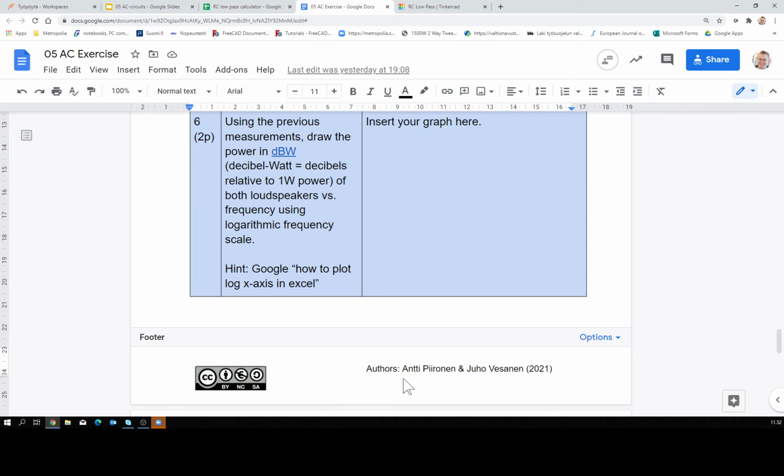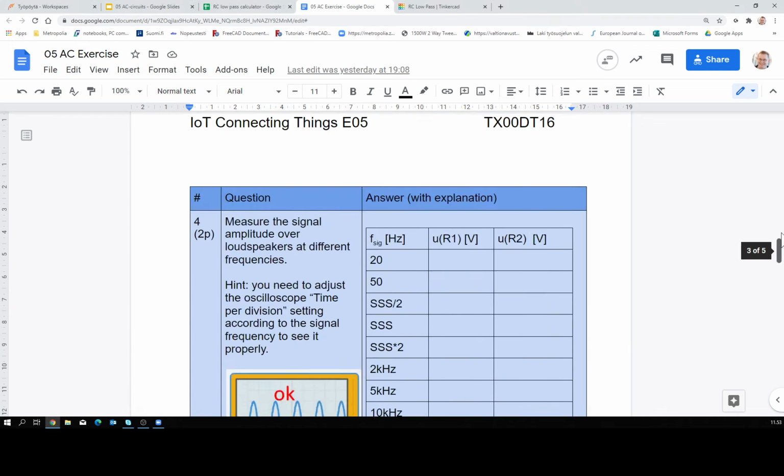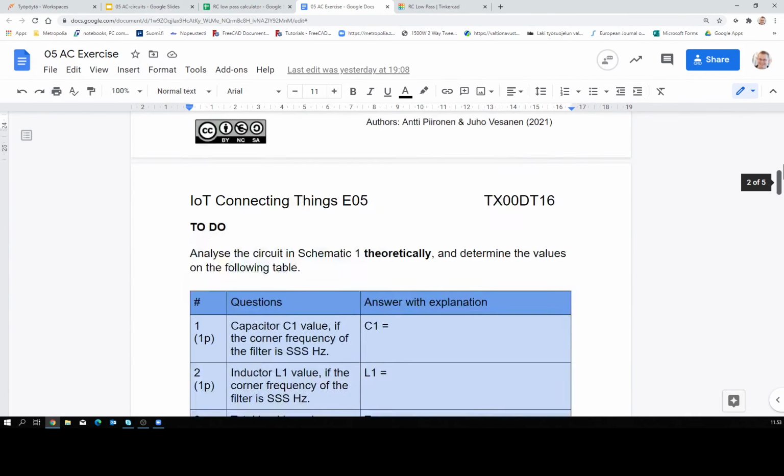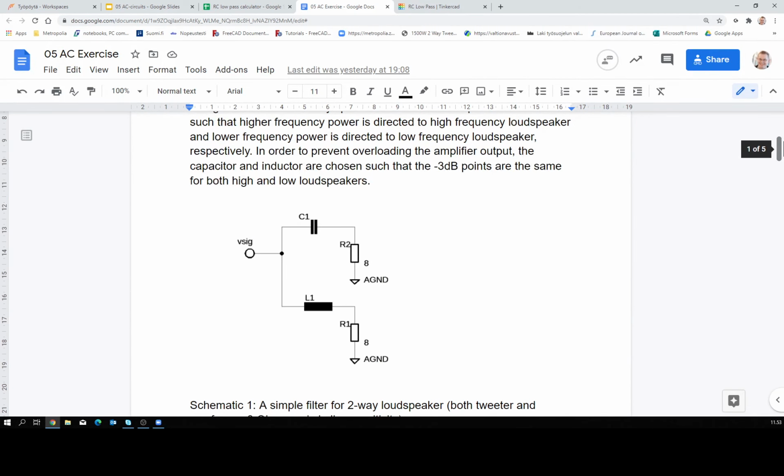Okay, and now there are some questions. One was about what to use instead of loudspeakers: you will be using just a resistor. The model for the loudspeaker for this exercise is the same as in this model.